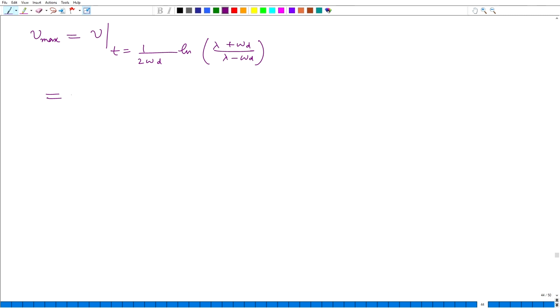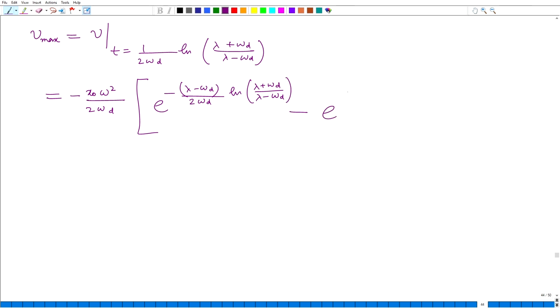And then that will be actually minus x 0 omega 0 square by 2 omega d, and then you write e to the minus lambda minus omega d, in the place of t you just write 1 over 2 omega d log lambda plus omega d by lambda minus omega d. Okay.